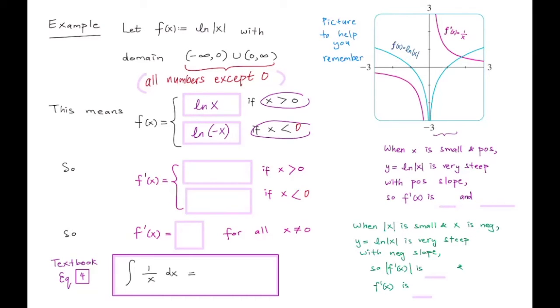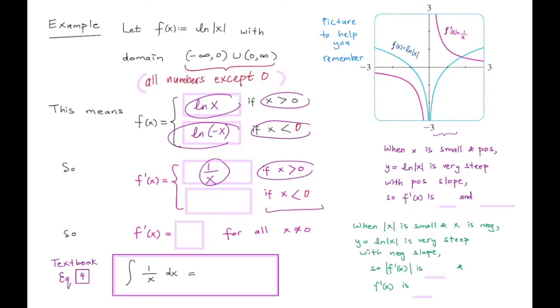So using what we learned, we know that the derivative of natural log of x is 1 over x. So f prime of x is equal to 1 over x when x is positive. And we can use chain rule for the situation where x is negative.